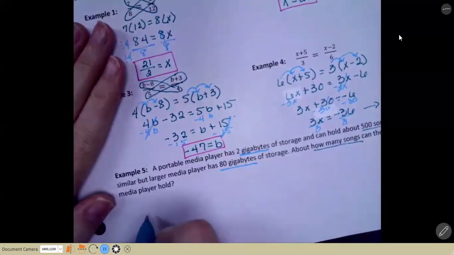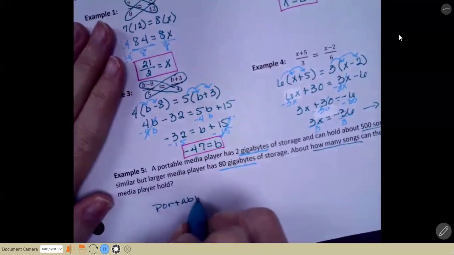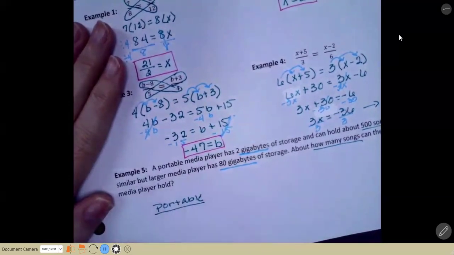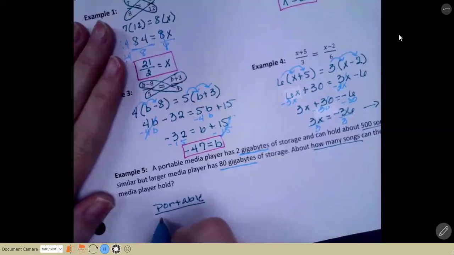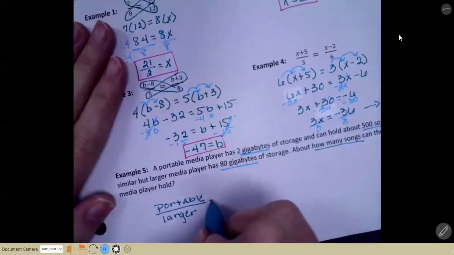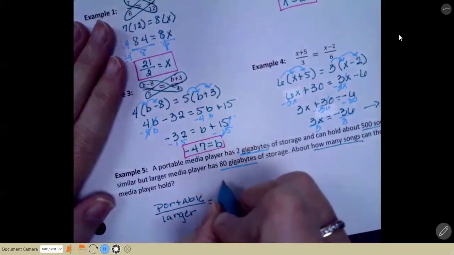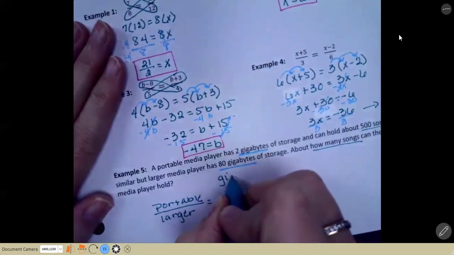So this one is going to be the portable, over the larger. And then on this proportion, I'm going to have gigabytes. So I'm just going to put gigs.